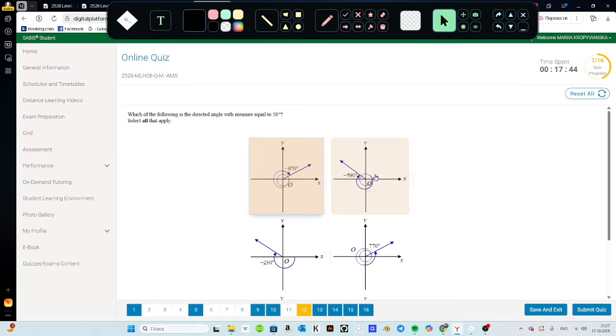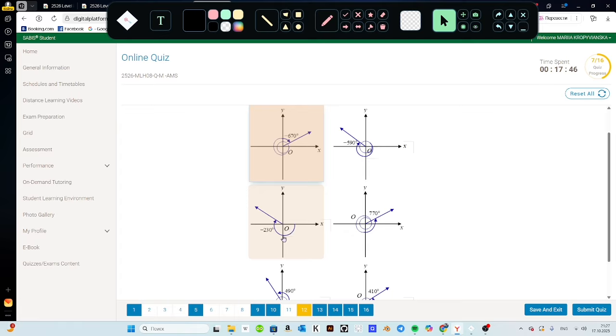That gives us 230. That's not the answer. So here we do just one rotation to 230. So it's going to be 230 minus 180. That's 50. Sorry, I made a mistake over here. That's not one of the answers because we go the other way around and we need to still do 360 minus 180. So the second one, we're doing the rotation around and around. So it's going to be 770 minus 360 minus 360, which also gives us 50.